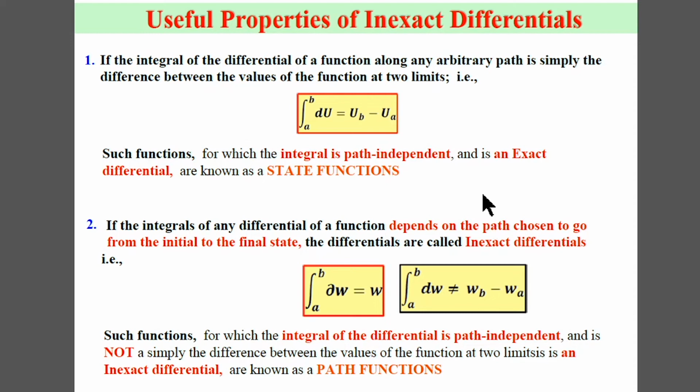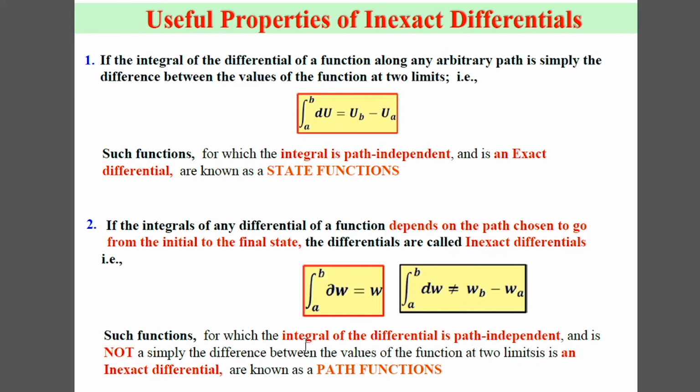For example, you have the differential of a function integrated from the initial state to the final state. This should be equal to W, but this W is not equal to the discrete change of the value of W, final minus the initial.